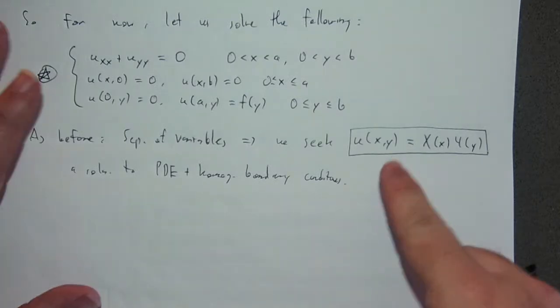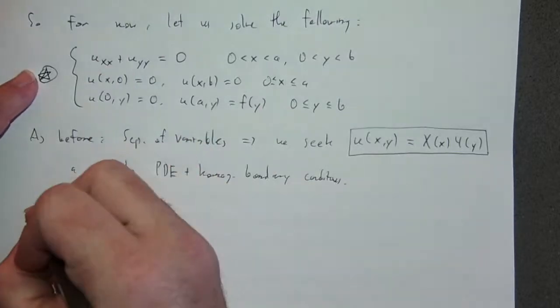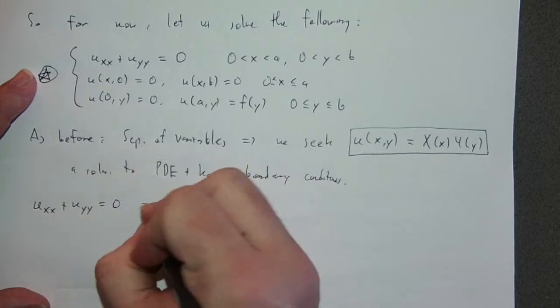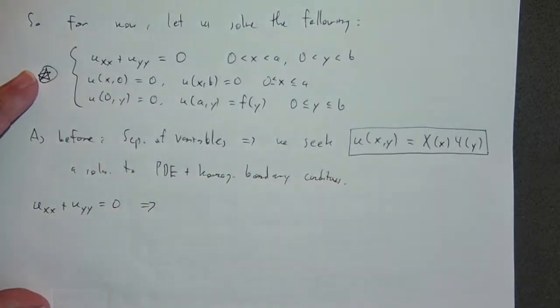So immediately from the PDE itself, u_xx plus u_yy equals 0. What does that mean for this separated solution?